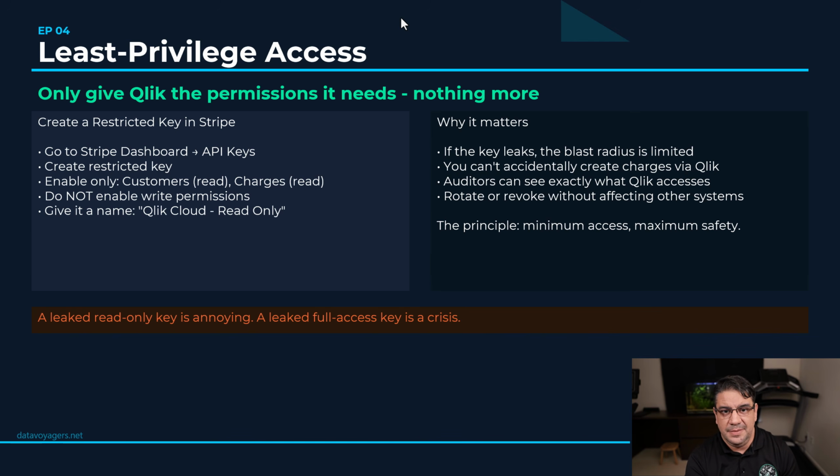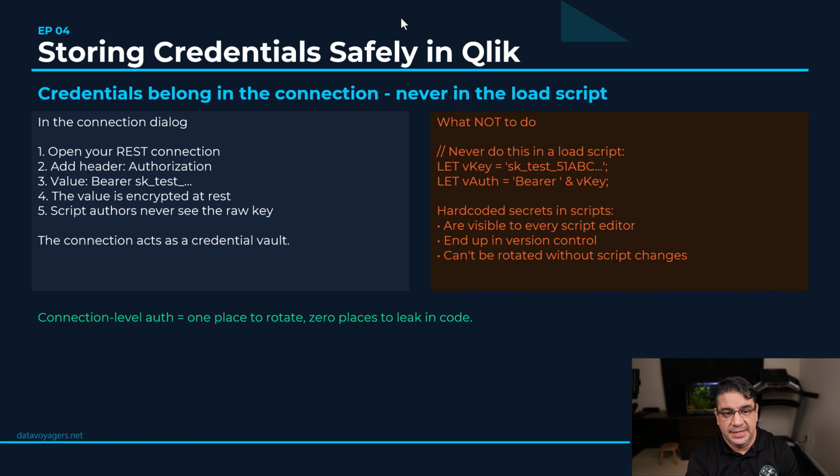Keep in mind that a token usually works on behalf of a user. So if you're creating a token for yourself, this will impersonate your user in the APIs. So restrict the access and keep that secure. For Qlik, that means do not store your credentials in the load script.